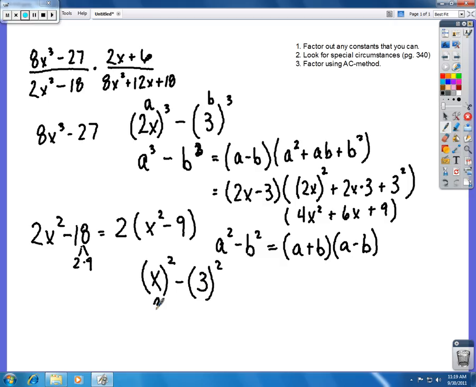So that's my a. X is a. 3 is b. I'm going to plug that into my formula over here, and that will give me x plus 3 times x minus 3. Okay? And like I said, this is a long problem, so I'm stopping here, and we'll be continuing on in part 2.